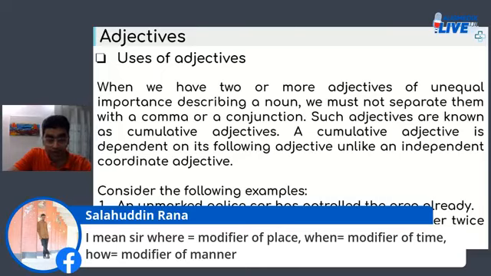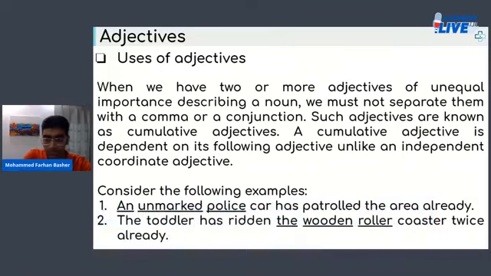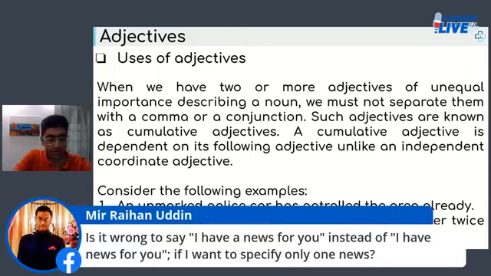Such as an adverb of place, an adverb of time, an adverb of manner. We will get to know them tomorrow when we discuss adverbs, inshallah. Okay, so for adjectives, we don't necessarily go with this particular formula. What we do is we just know what the rules of adjectives are, and we apply adjectives as such. Okay? All right.